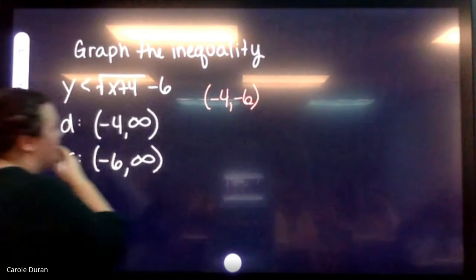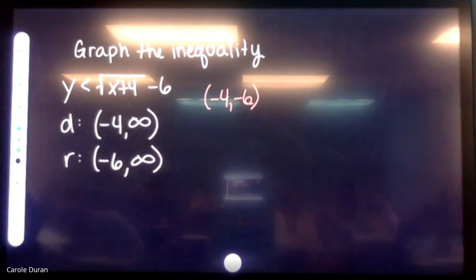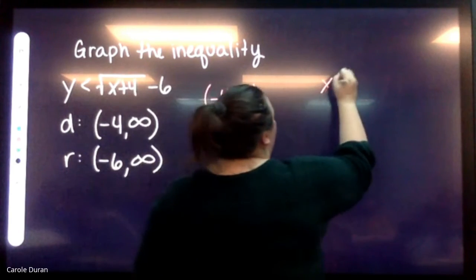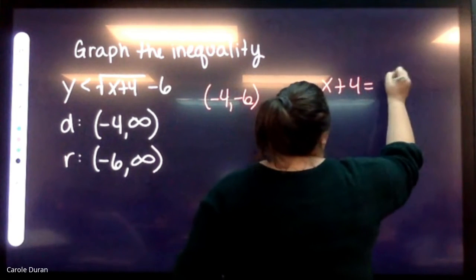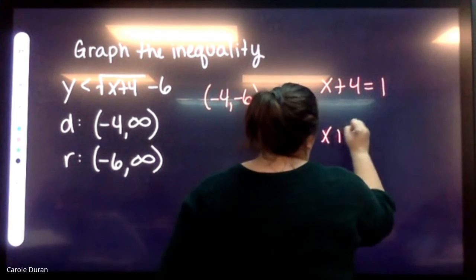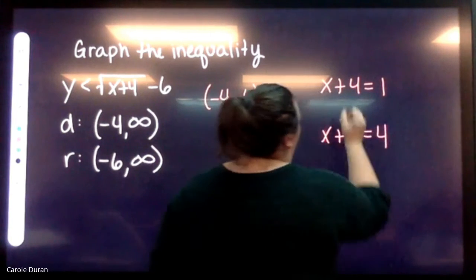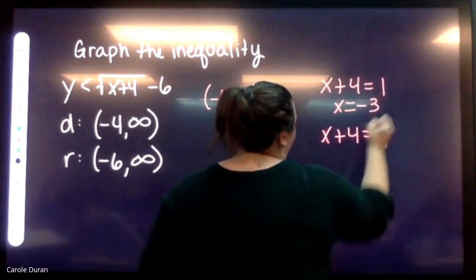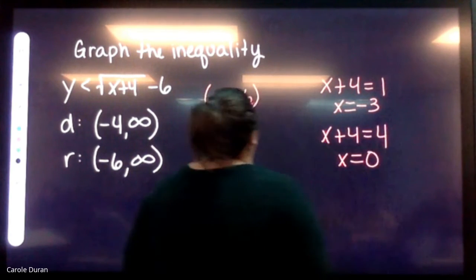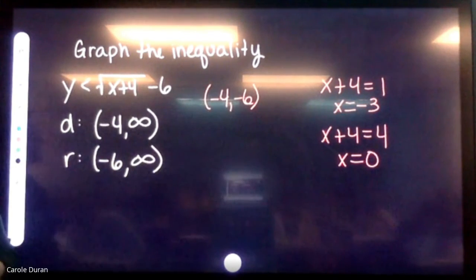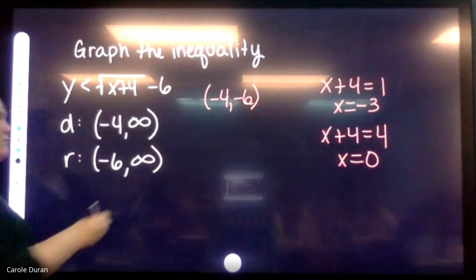Finding these points works the exact same as it did before. So I'm going to take that x plus 4 that's under my square root, and I'm going to set it equal to 1 and to 4, because those are the only ones I haven't used yet. I solve then, and I get x equals -3 and x equals 0.